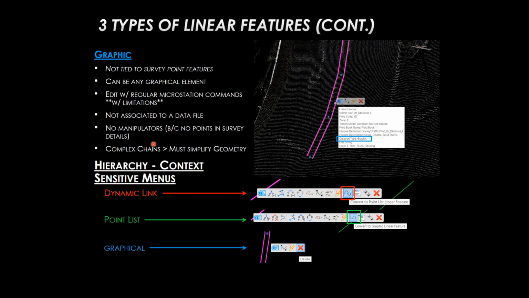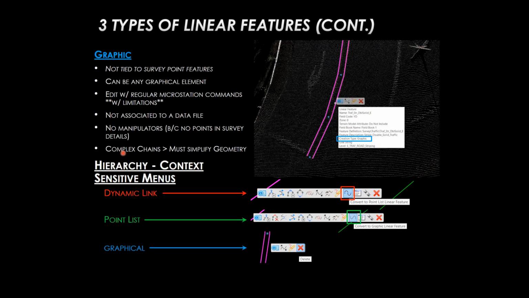In addition, when you add these to your fieldbook, if you have a complex chain, you must simplify the geometry. Otherwise, it's going to get messed up when it goes into your terrain, which it won't go into your terrain. I'm going to demonstrate that when I jump into the demo here in a minute.